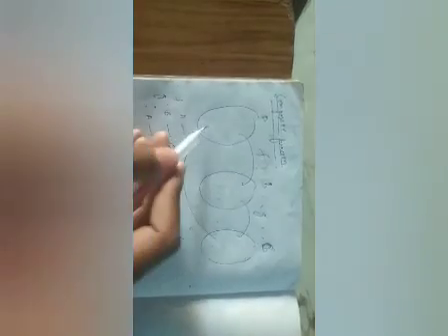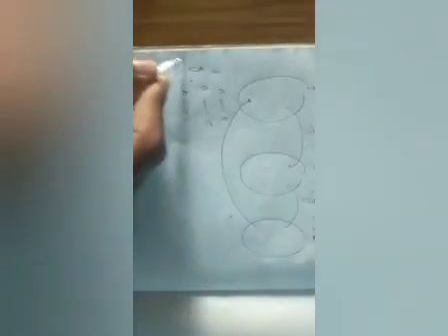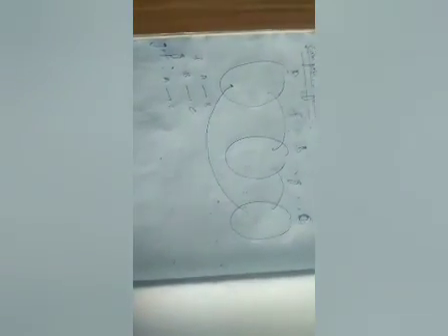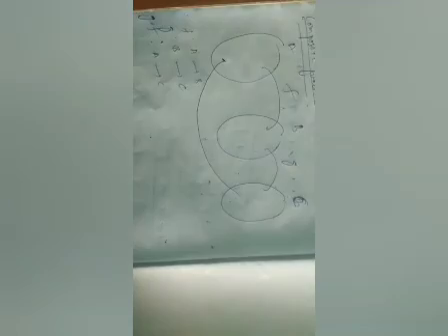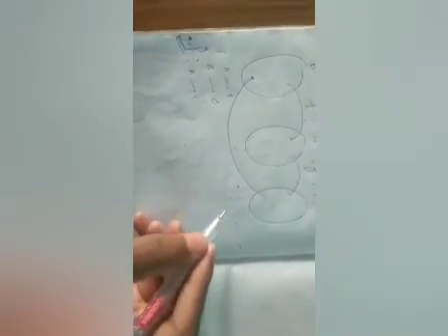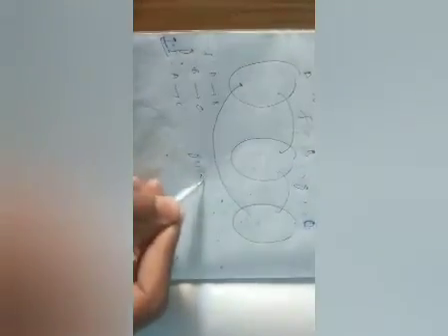It is g circle f, defined as a function from A to C. If f is a function from A to B and g is a function from B to C, then a function from A to C is defined, known as g circle f, the composition of g and f. g circle f of x is defined as g of f of x.